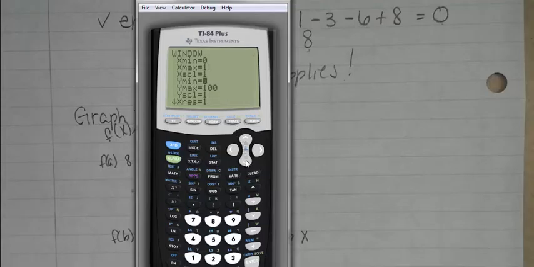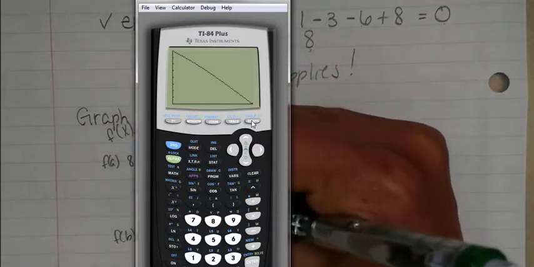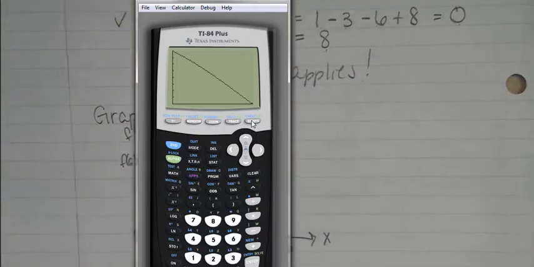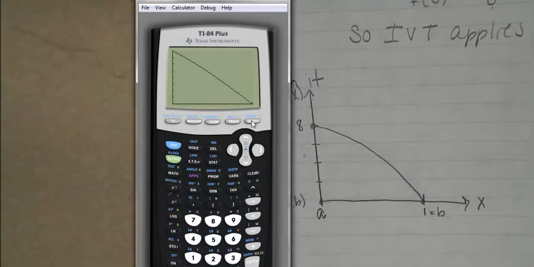Probably way too big on the y max because it looks like my tallest it could be is 8. That was my f of a. So it's looking something like that. Kind of curved a little bit. Sorry, you couldn't see that because it was behind the calculator. So kind of curved.